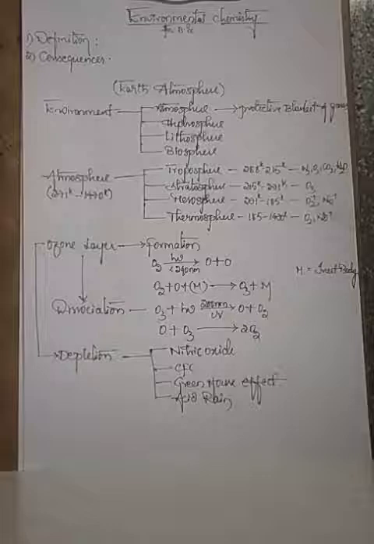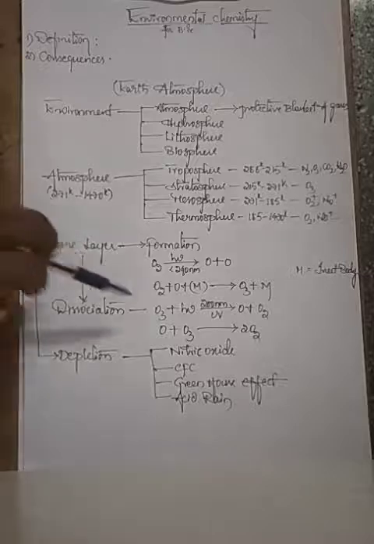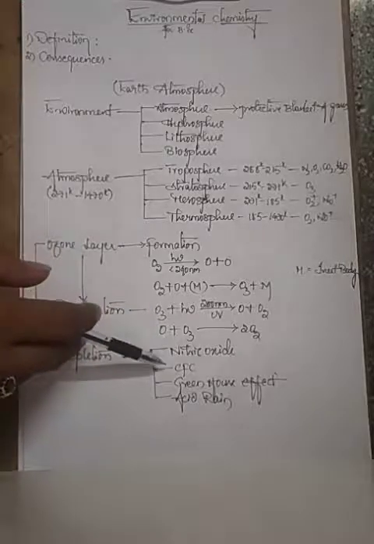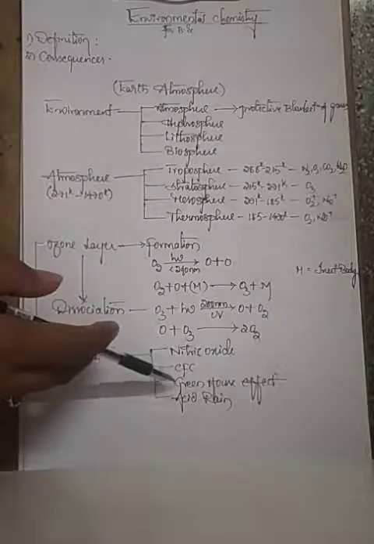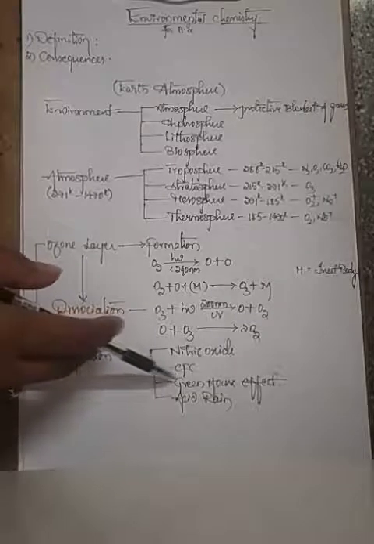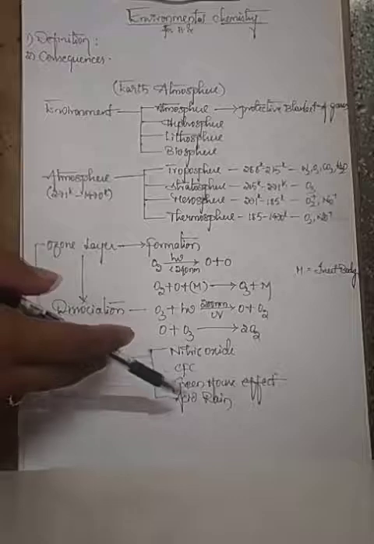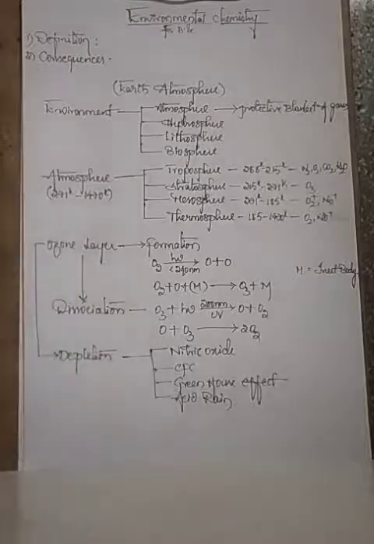The depletion of this ozone layer is believed to be caused mainly by four reasons. One is nitric oxide, another is chlorofluorocarbons, another is greenhouse effect or global warming, and the fourth one is acid rain.